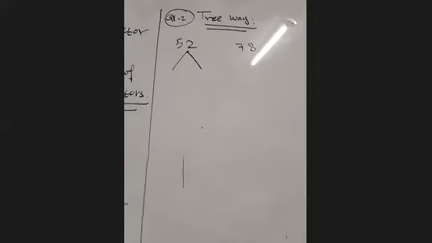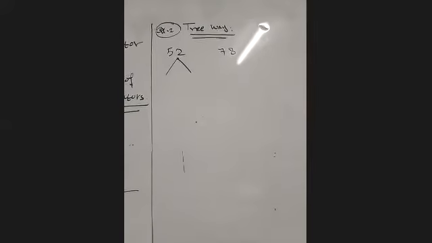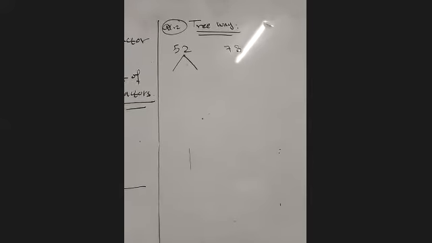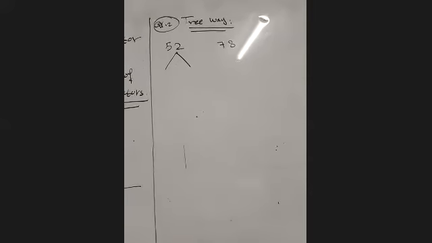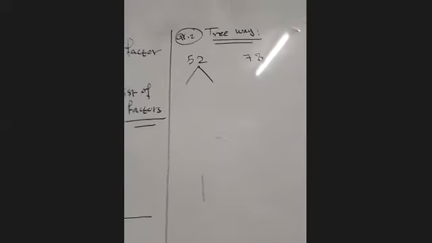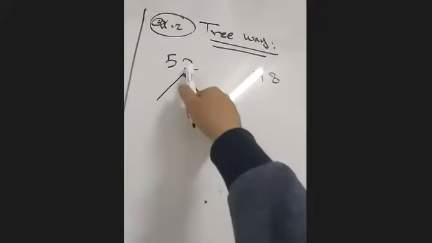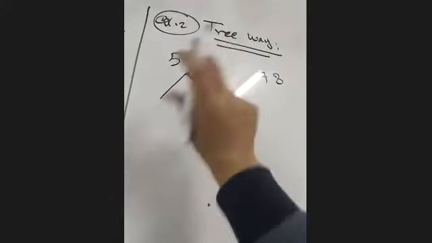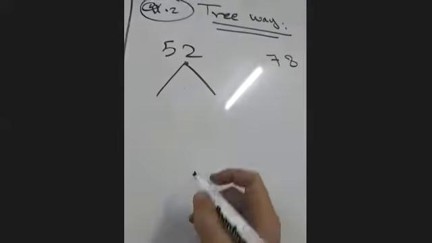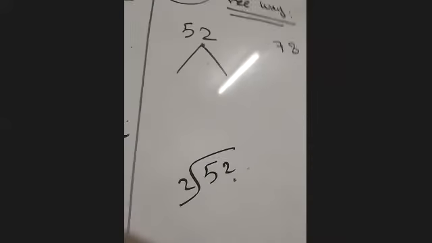Do you know two numbers that, if you multiply them, you get 52? You know or you don't know? No. The 52 is odd or even? Even, because the 2 is even. The first number is even, so the whole number is even, right? Yes. Now, if we have an even number, we always try to divide by 2.